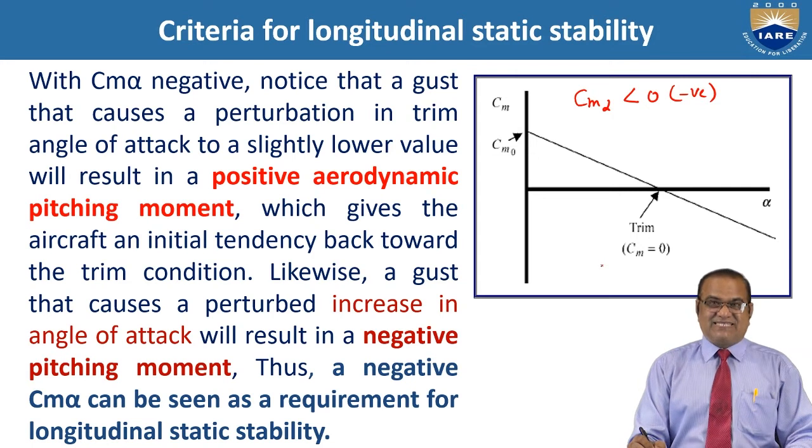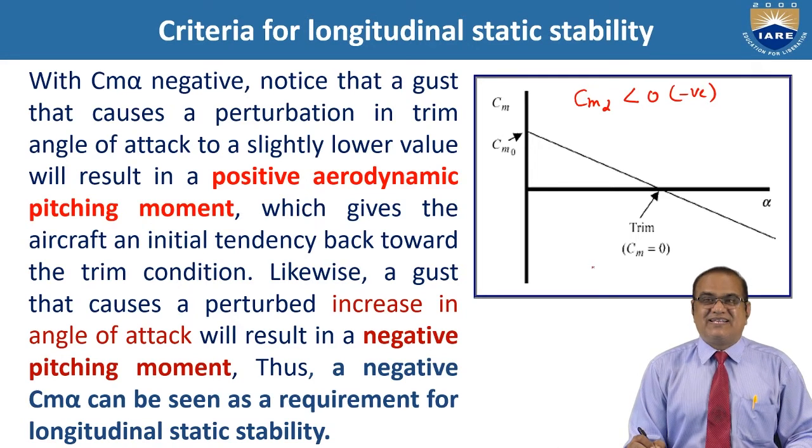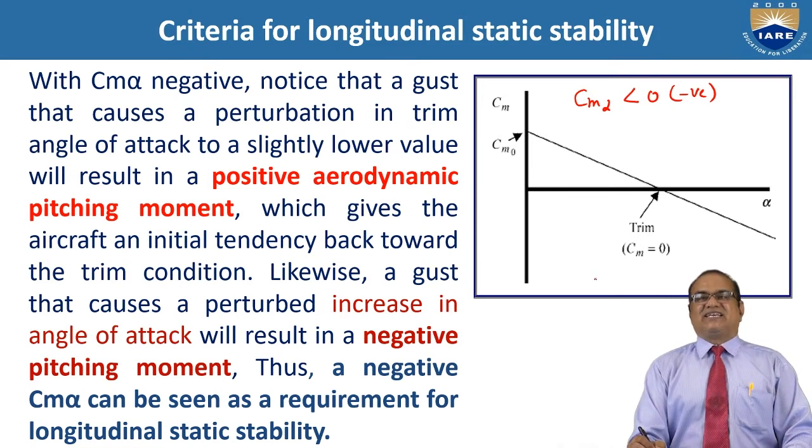Likewise, a gust that causes a perturbed increase in angle of attack will result in a negative pitching moment. Thus, a negative Cm alpha can be seen as a requirement for longitudinal static stability.